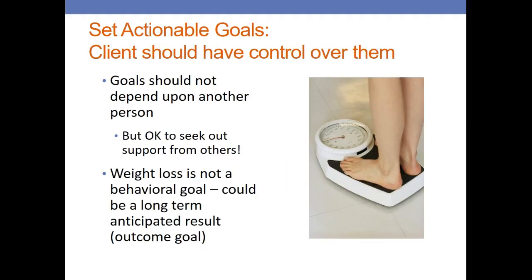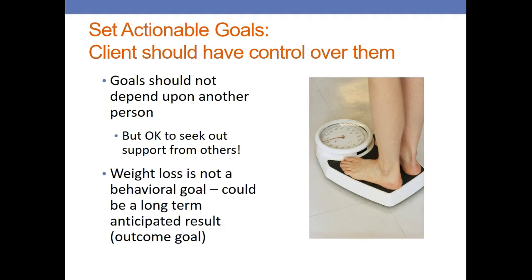Next, let's talk about what we mean when we discuss an actionable goal, because this A may be different from ones that you've seen before. This means that the client should have control over the goal. They can take that step or engage in that action themselves. The goal should not depend on another person.